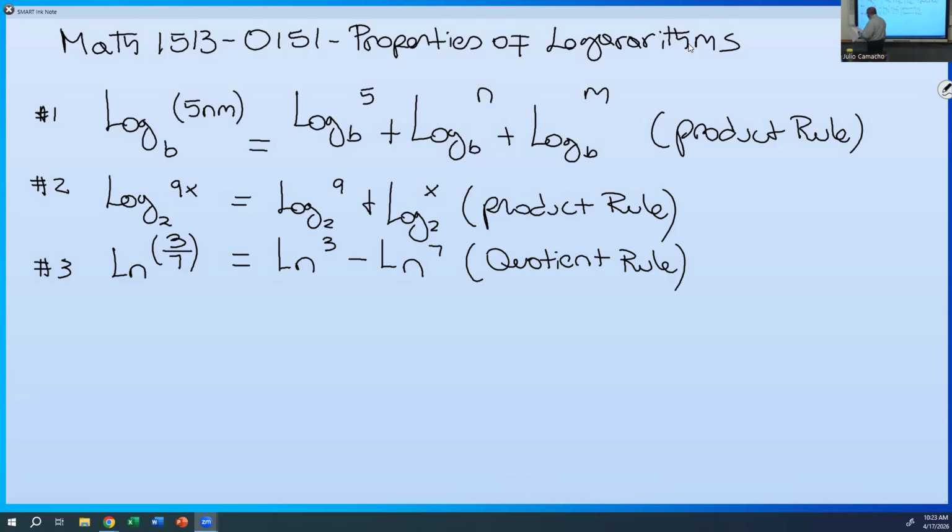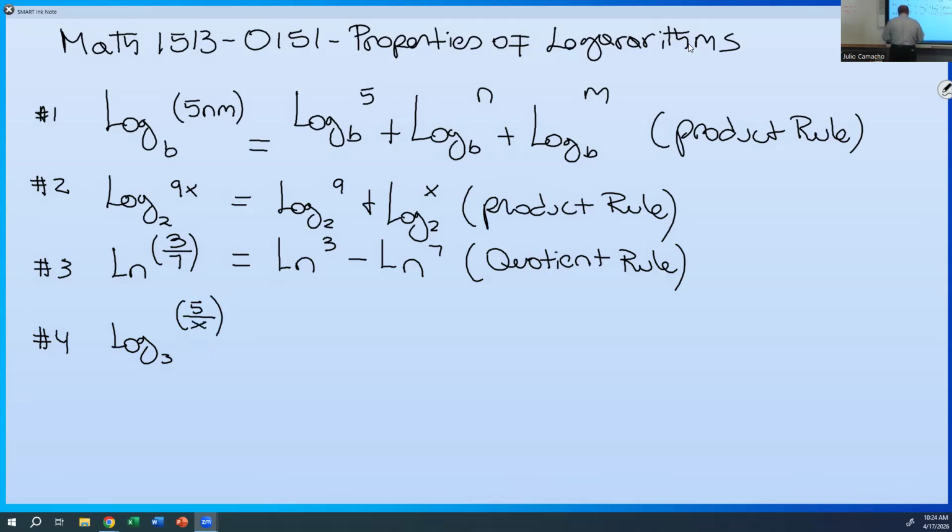There will be examples where we'll be using more than one rule. We have also the following one. Example number 4. We have the log base 3 of 5 over x.